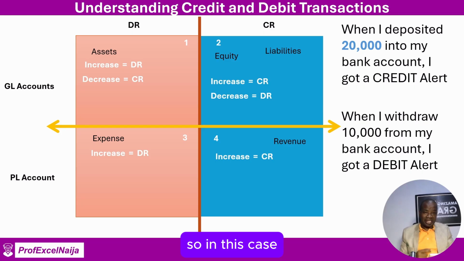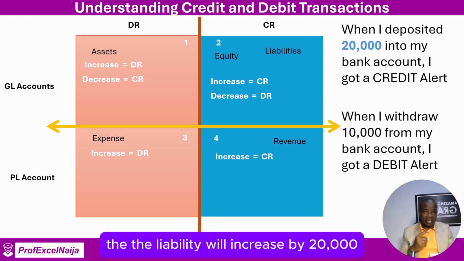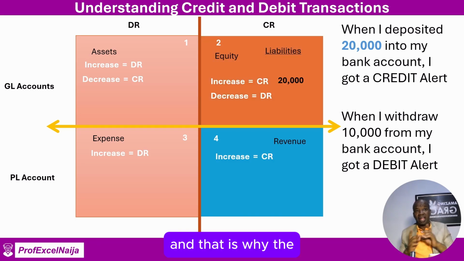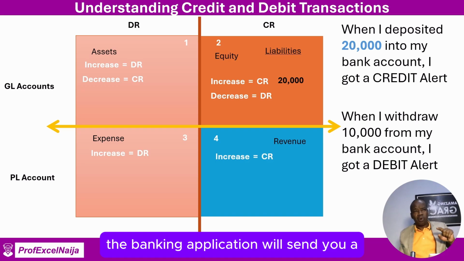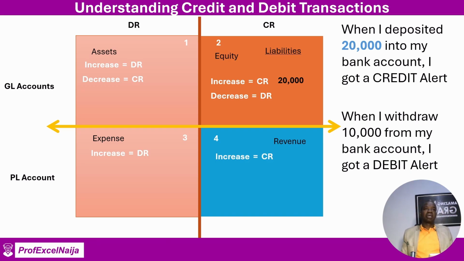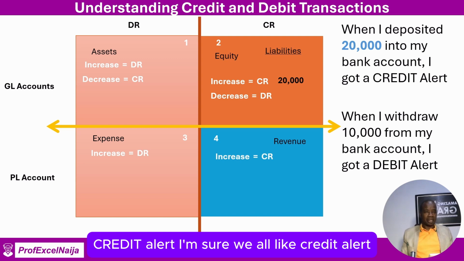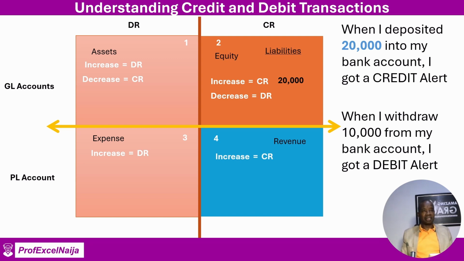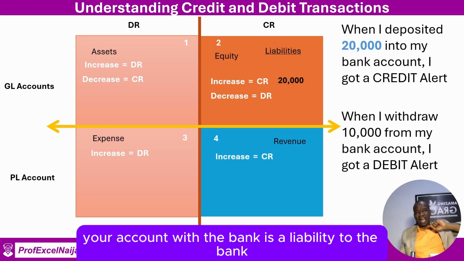So in this case, the liability will increase by 20,000, and that is why the banking application will send you a credit alert. I'm sure we all like credit alerts. Take note. Your account with the bank is a liability to the bank.